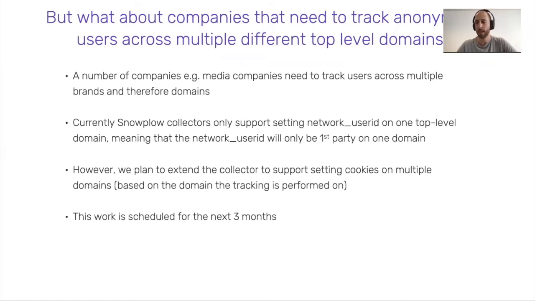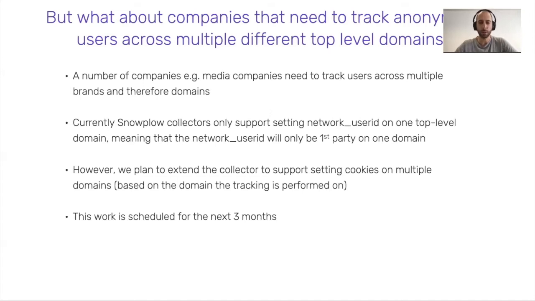So the collector would check on what website the user is on, and based on that, set the cookie on the appropriate domain. And this would enable users doing that multiple domain tracking to do that successfully using the network user ID.